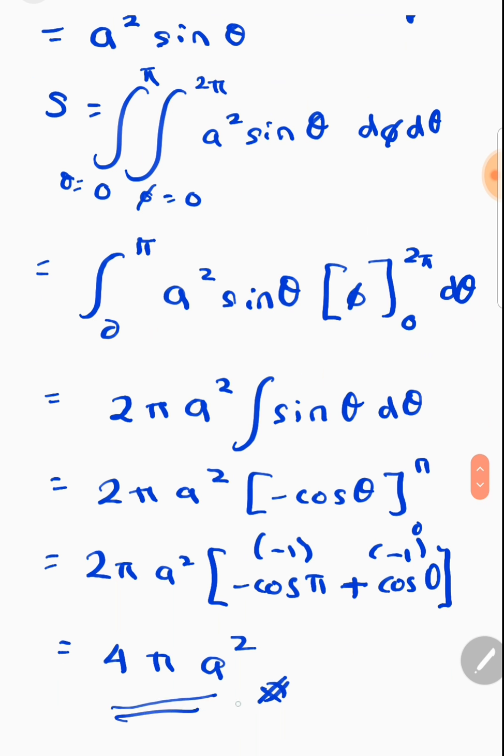You can compare this method, which is method 2, using the parameterization method, with the earlier video, which is method 1, and see which one suits you more and which you're more comfortable with. But the general idea is that method 1 is more for the Cartesian plane, and spherical and cylindrical objects usually get easier to solve in method 2. Alright, good luck!